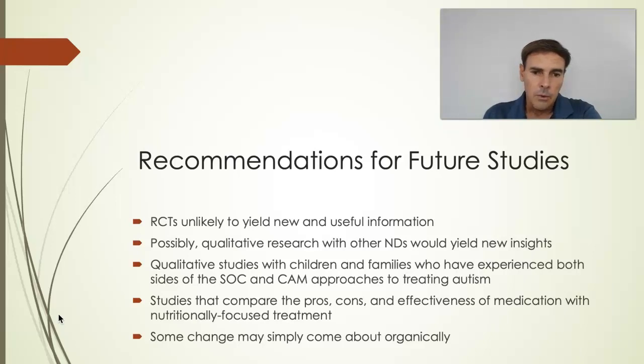I think that qualitative studies with children and families who've experienced both sides of those treatments with autism would be interesting to hear what they've experienced, what was effective, what was not. And then studies that compare the pros and the cons and the effectiveness of medication with a nutritional focused treatment would also be very interesting. I don't know if those studies have been done. I don't think I've seen any.